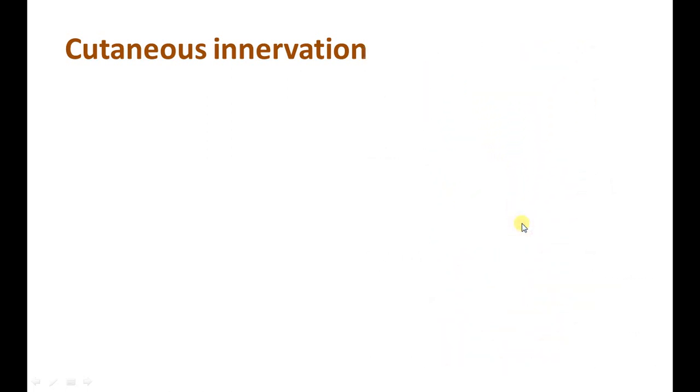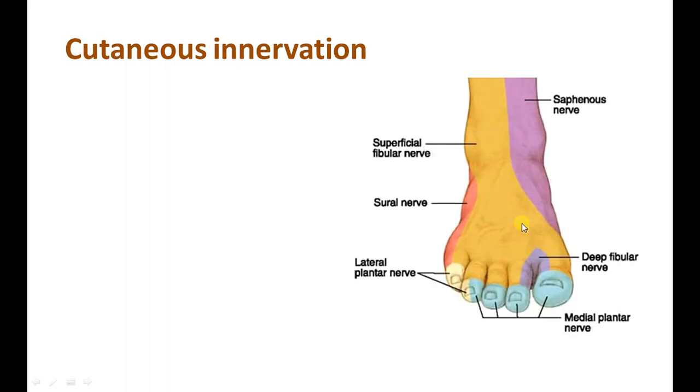Now coming to the innervation of the dorsum of foot. The medial side of the leg and medial border of foot up to the ball of the great toe is supplied, cutaneous innervation, by the saphenous nerve, which is a branch from the posterior division of the femoral nerve.